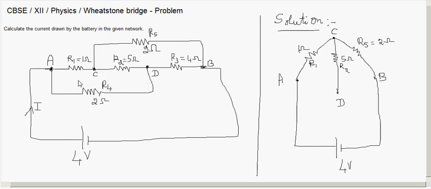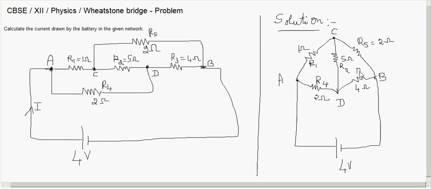And then between A and D, we have R4, which is equal to 2 ohm. And between D and B, it is 4 ohm, which is R3.